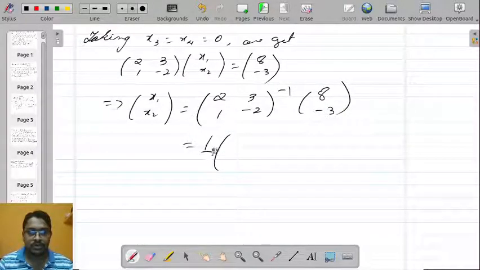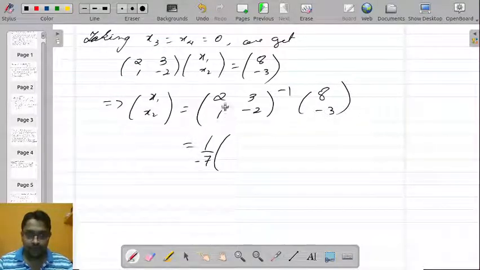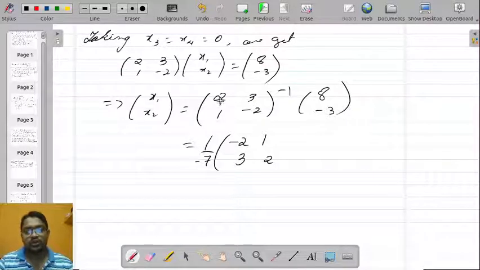What is the determinant? The determinant is minus 7, so 1 by minus 7.